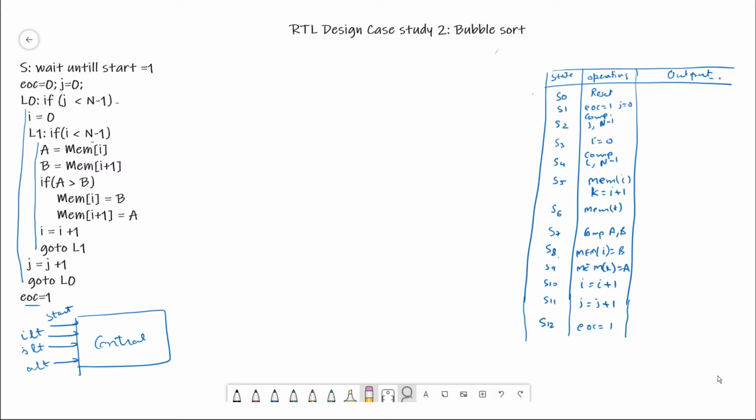Now for the data path we need to know what kind of operations are required, and what number of registers are required.